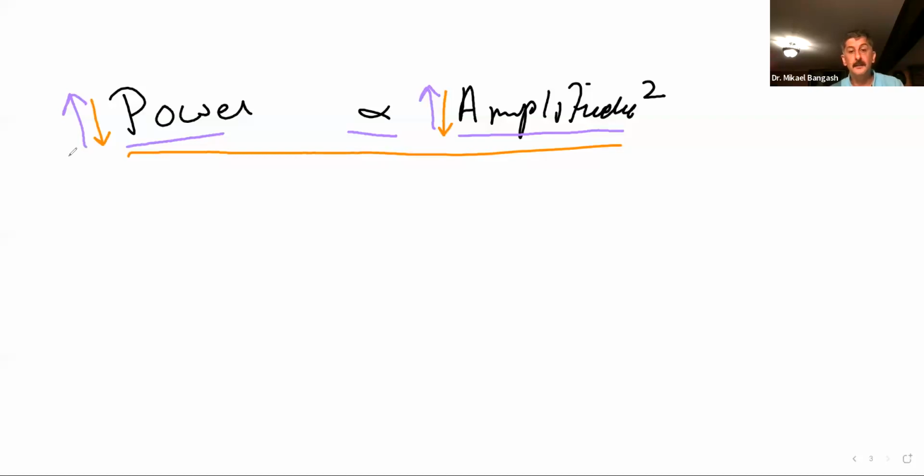You might have started off with a low power, but that power gets greater, which may mean you started off with a small amplitude, and that amplitude of the wave increases.